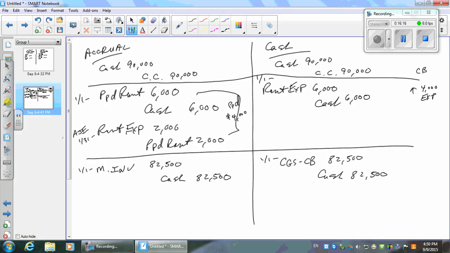Expense it all. Expense of getting the sales. It's cash disbursements to vendors, is what it really is, isn't it? But man, is this going to be a difference in income or what at this point? $82,500. Asset here, expense here. You got the idea? Okay, what's the next thing we have? Keep going.